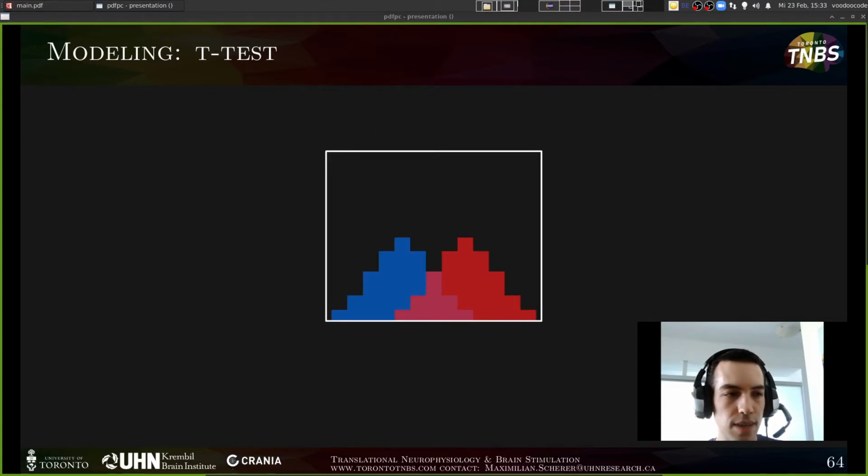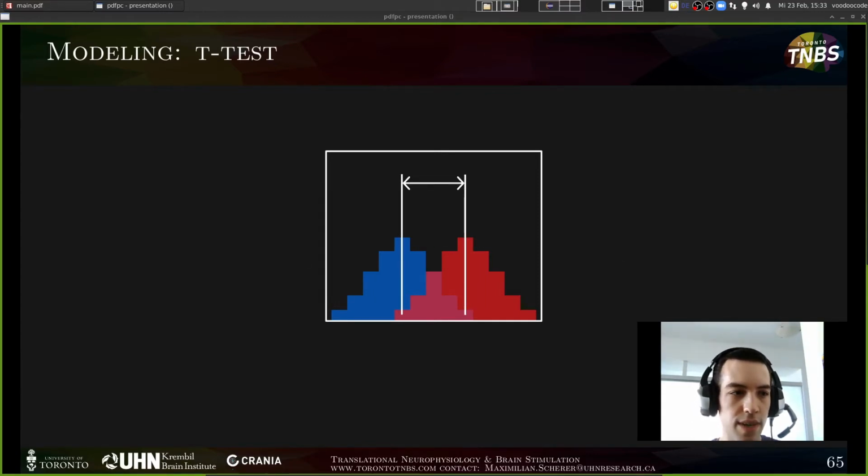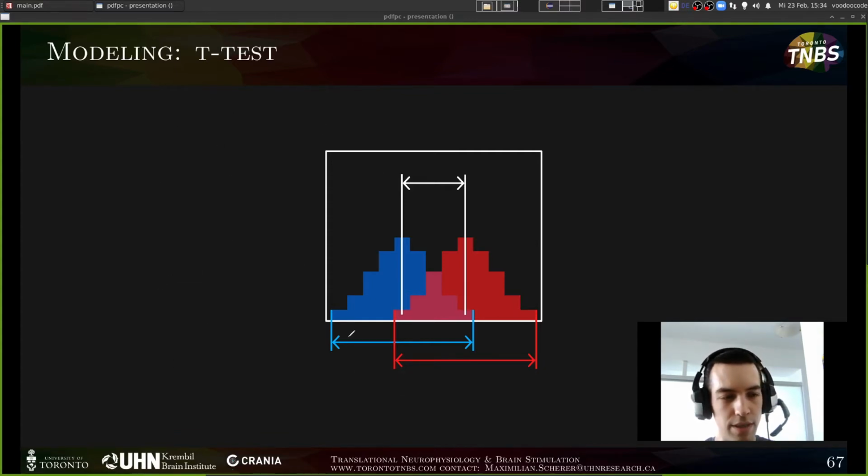So let's go back to our t-test here, and we have the blue group, we have the red group, and we are interested in whether the difference between those two median values is sufficiently larger than the spread of the blue group and the spread of the red group. And if you recall the example from the beginning where we normalized for patients, where we had such a large spread between patients, we would now have a super large spread for the red group and the blue group.